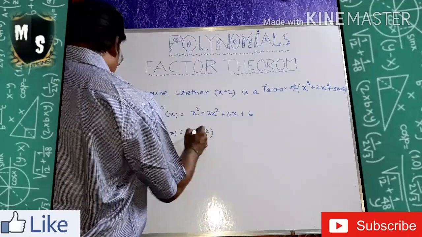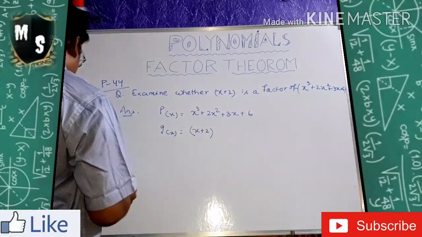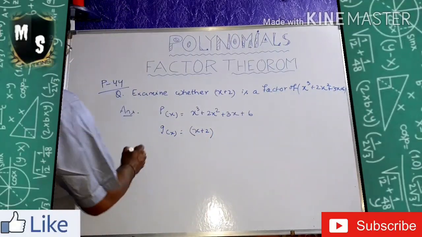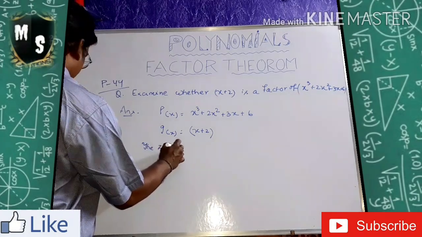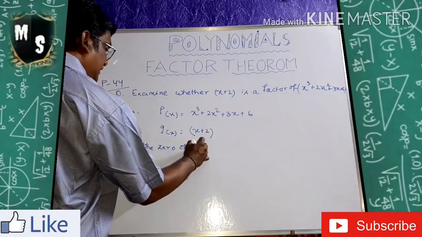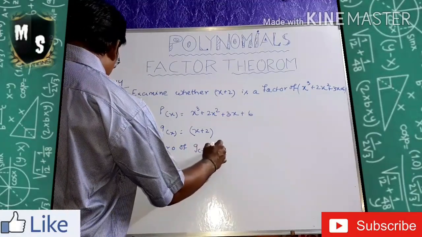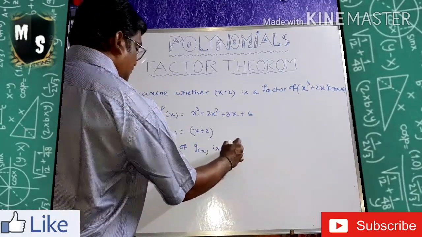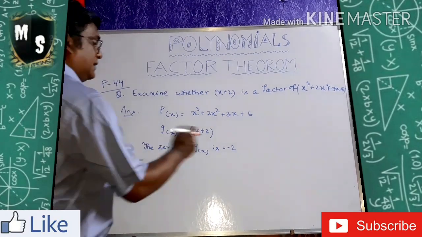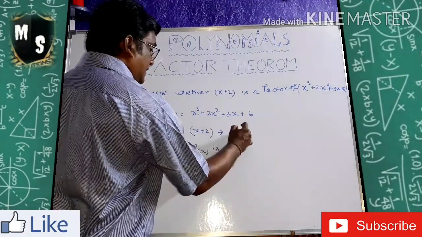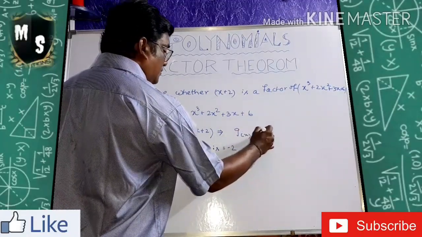Now it is written: the zero of g(x) is equal to minus 2. That means g(x) must be equal to 0.